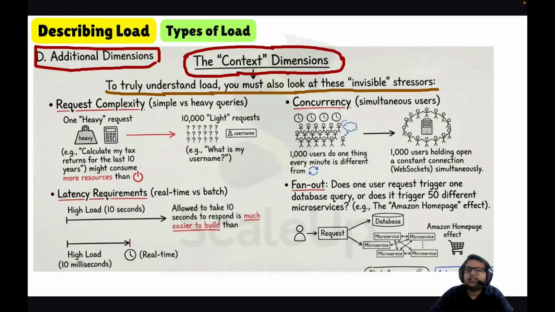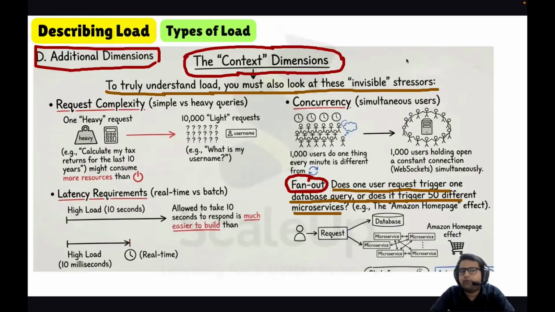Now we can also describe the load in terms of fan out. Let us understand what this fan out is. It is very important to understand whether one user request triggers one database query, or triggers 50 different microservices. This is the fan out effect.